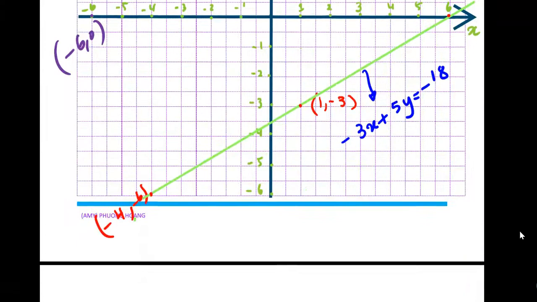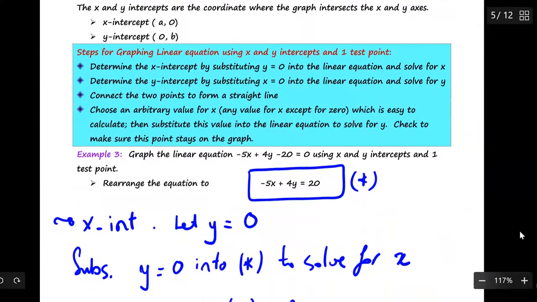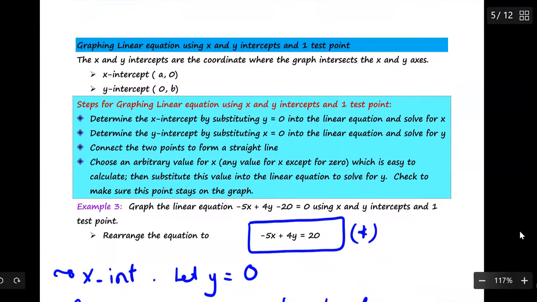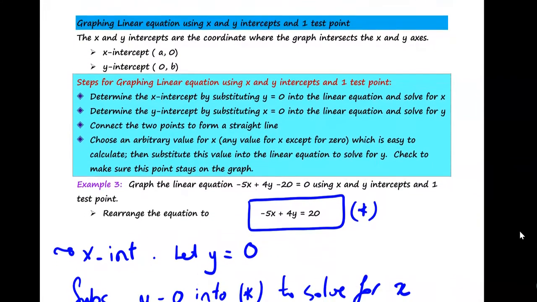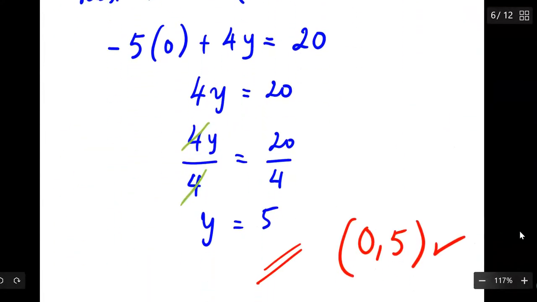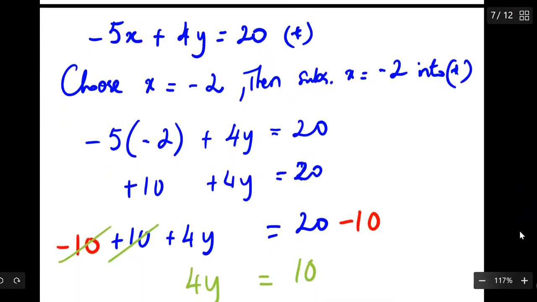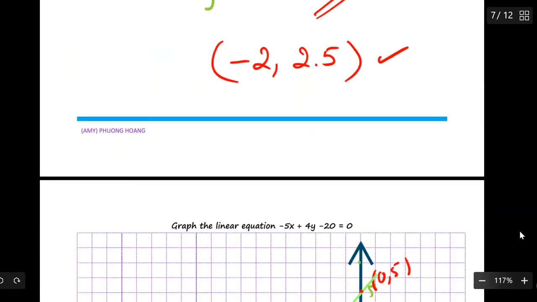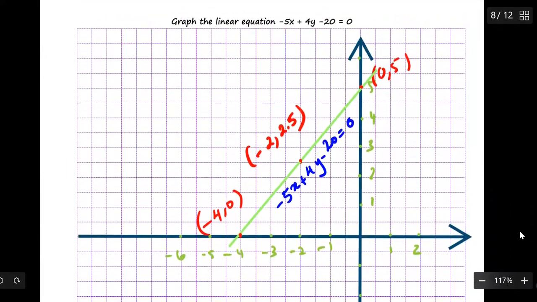And from that idea, we are plotting the graph of the linear function or linear equation using the x and y intercepts and one test point. Alright, I am going to stop the video right here.